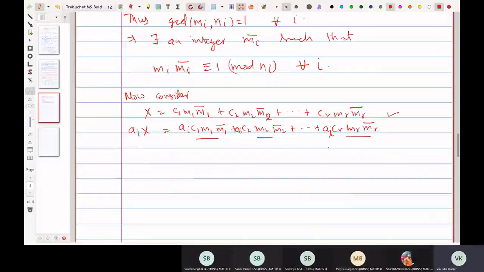So if you reduce each term with multiplication modulo Ni, what will we be getting? Except one term, every term will become 0. So we are left with only one term, Ai Ci Mi and Mi bar, and this is a multiplication modulo Ni.